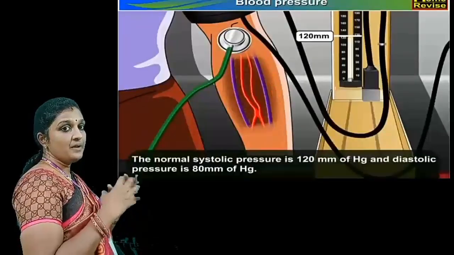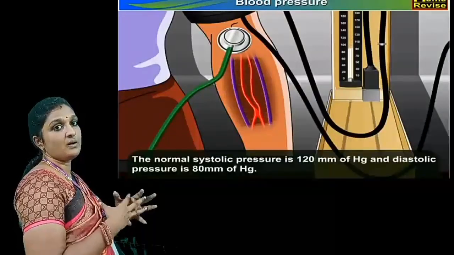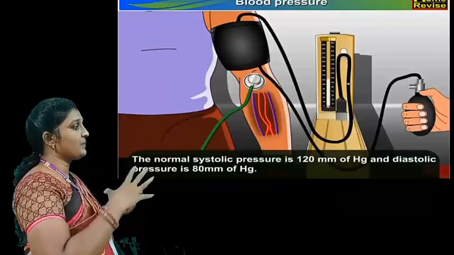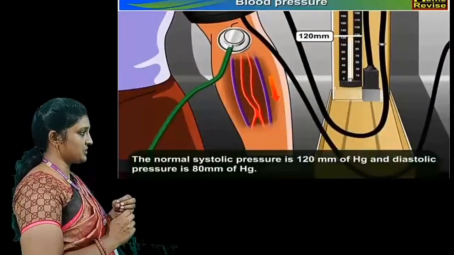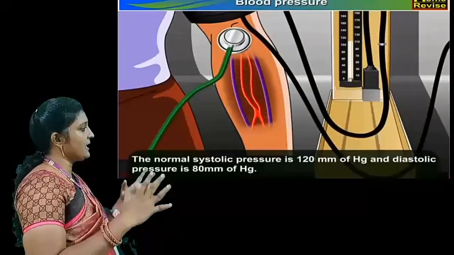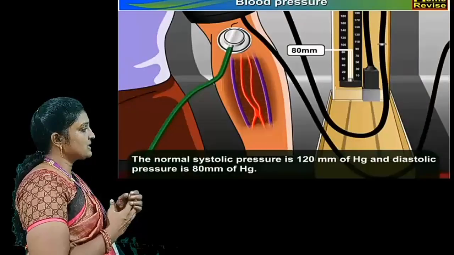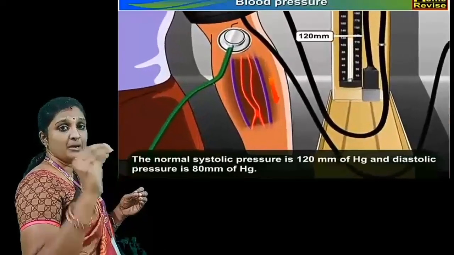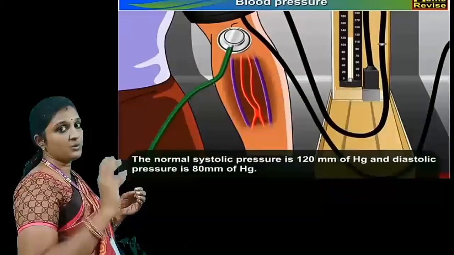That means in ventricular systole, or contraction, the blood comes out at high pressure. That time the normal range is 120 mm of Hg. When the ventricle is relaxed, the pressure as the blood moves inside our body is 80 mm of Hg. Here Hg means mercury.